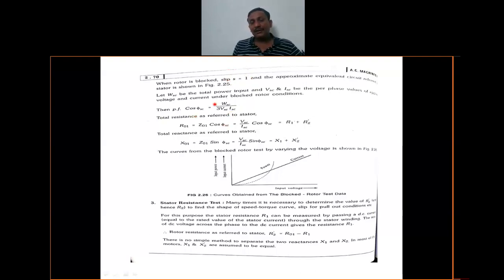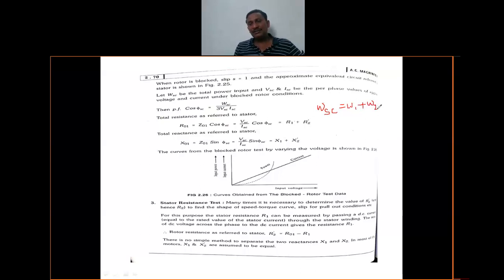So the power factor during short circuit condition, cos phi SC, you can find out here. WSC is equal to W1 plus W2.